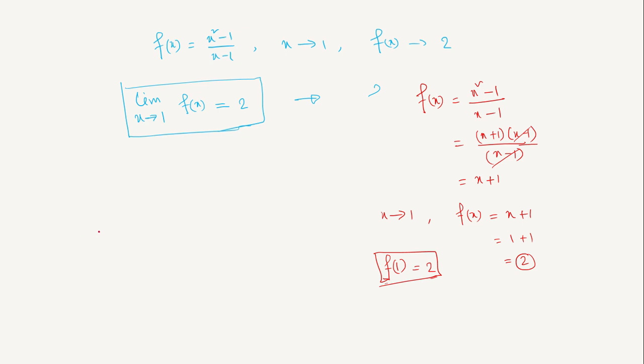So now, if the left hand limit, right hand limit, and functional value are all equal, then we can say the function is differentiable at that point.